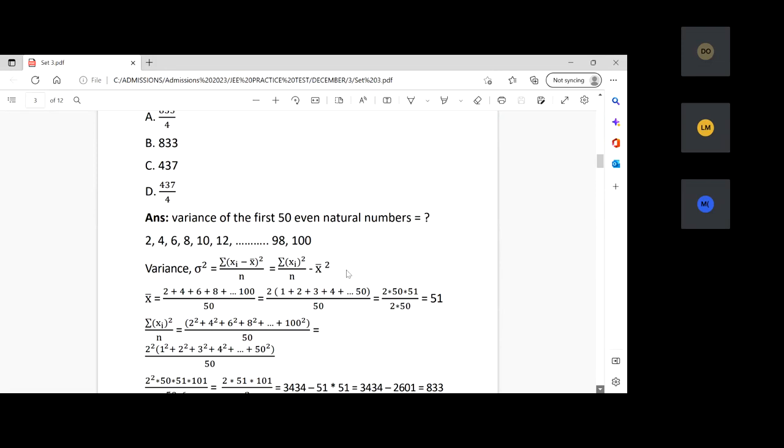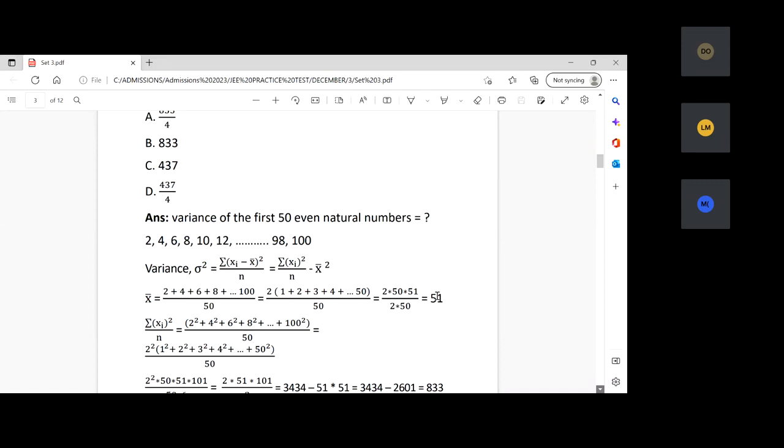It's the total by the value n. So what's the total? It's 2, 4, 6, 8 up to 100 divided by 50. So you can take this 2 outside so that you can apply the formula n into n plus 1 by 2. What is n here? N is 50. So 50 into 51 by 2. Here you have a 2 and 50 here. So this will get cancelled and you have this value 51 here. So you know now what is x bar.